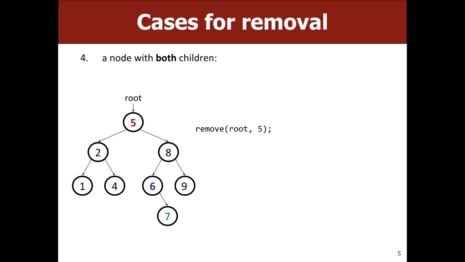I'm not sure if it's fully generalizable as the right child. Okay, so you could try to do something like replace 5 with 8. So at that point, we still have this 6 and 9 to deal with, right? So I think you're on the right track where we want to replace it with something, but a right child isn't necessarily good because we still have this hard case of what to do with that. Yeah?